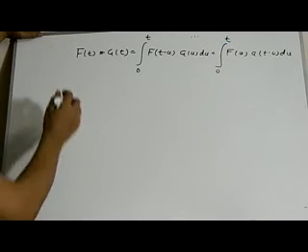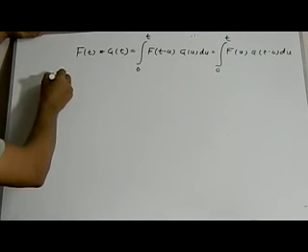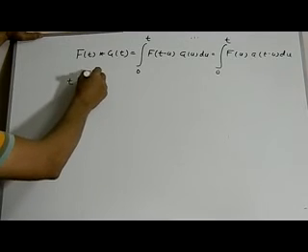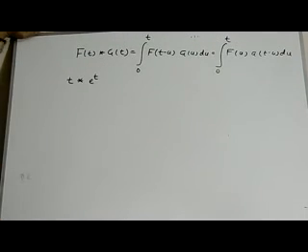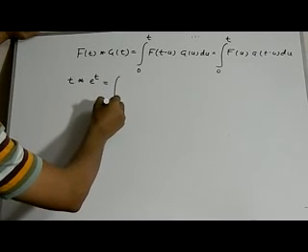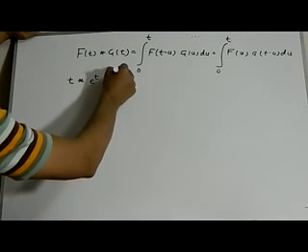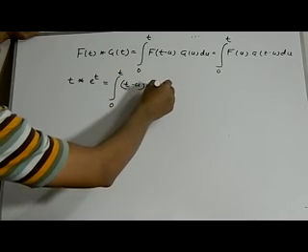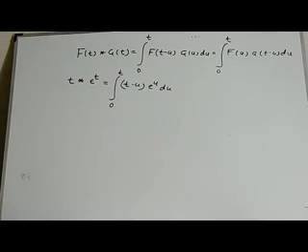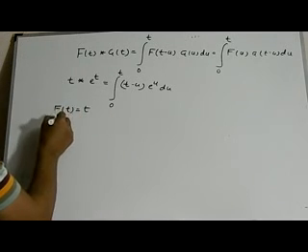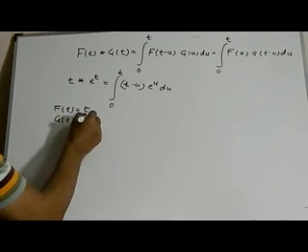Suppose I have to calculate the convolution of t star e to the power t. What will it be? It will be the integral from 0 to t of (t minus u) e to the power u du. Of course we can write it this way, by definition, retaining f(t) as t and g(t) as e to the power t.